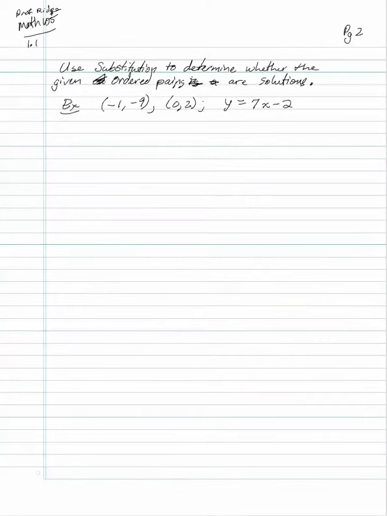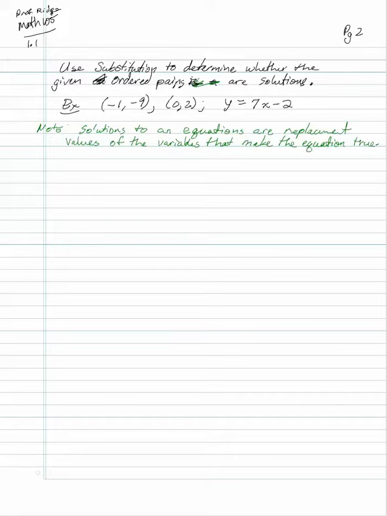Alright, let's look at this example. It says use substitution to determine whether the given ordered pairs are solutions to the equation. I want to remind you that solutions to an equation are replacement values of the variable that make the equation true.